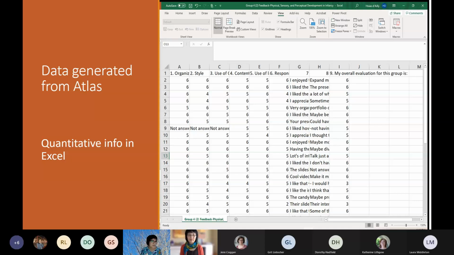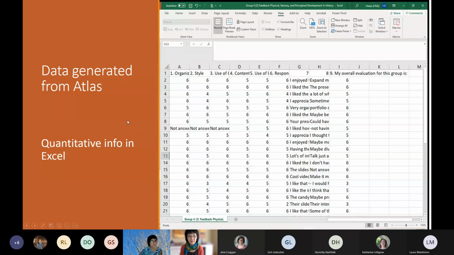We can get an Excel file like this, and basically all the data got dumped here. We have 6 questions, and each individual student's feedback is here, and their qualitative feedback is there.